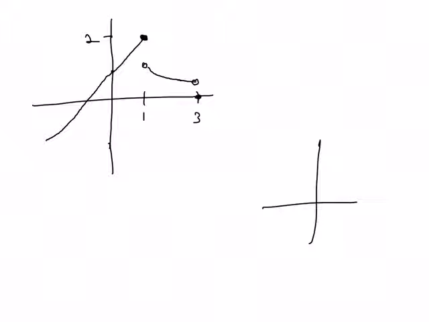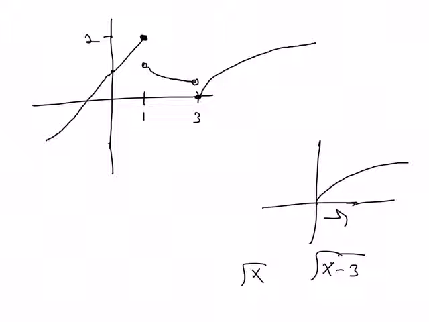The normal square root of x looks something like this. So when we have the square root of x minus 3, we're basically shifting right by 3, and then we're doing exactly what the square root of x does. So it's going to go something like that. And that's our graph. Very cool.